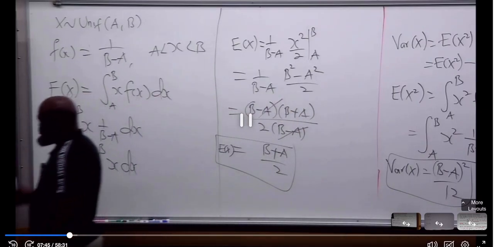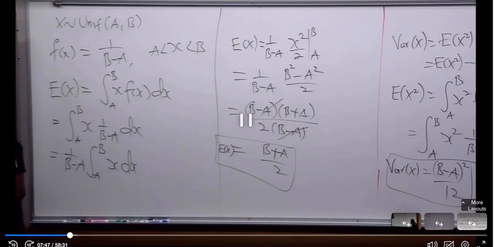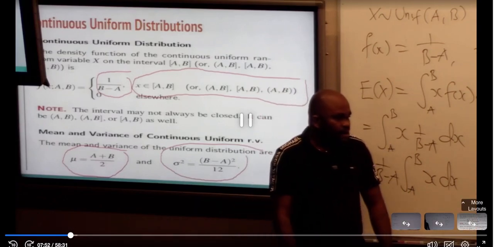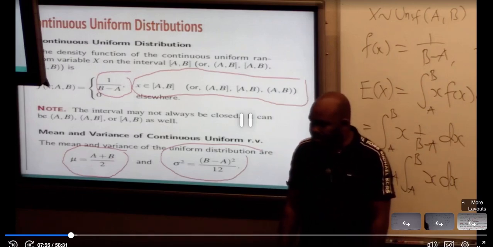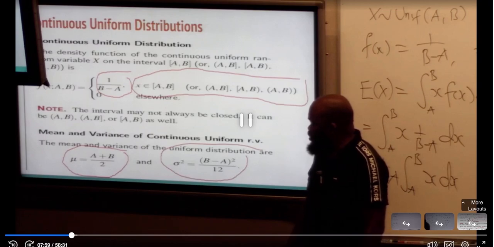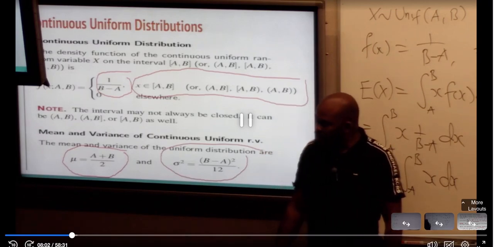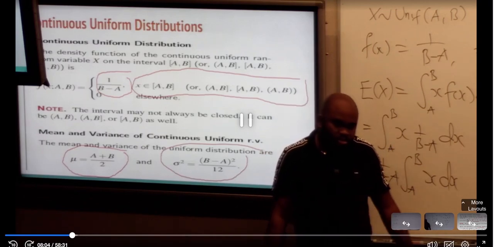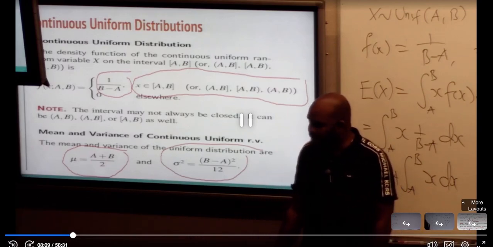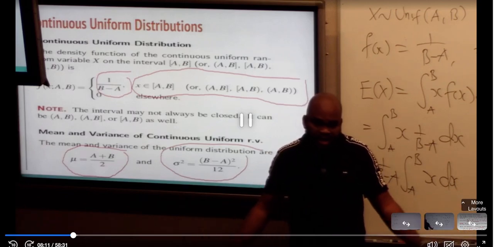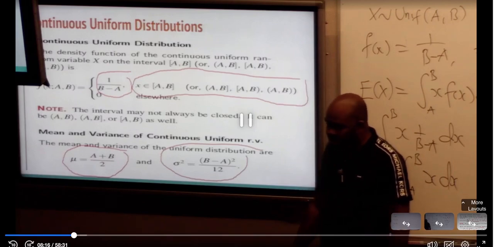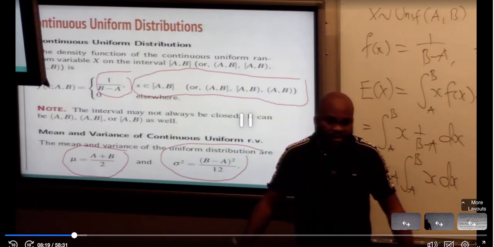So the essence of this distribution is the fact that you hear the word uniform. For instance, if I go to a random person in this class and ask about the day the person celebrates his birthday, it's going to lie between day number 1 and day number 365, so the probability is 1 over 365. It's equally likely the person has his birthday on any particular day within the year.